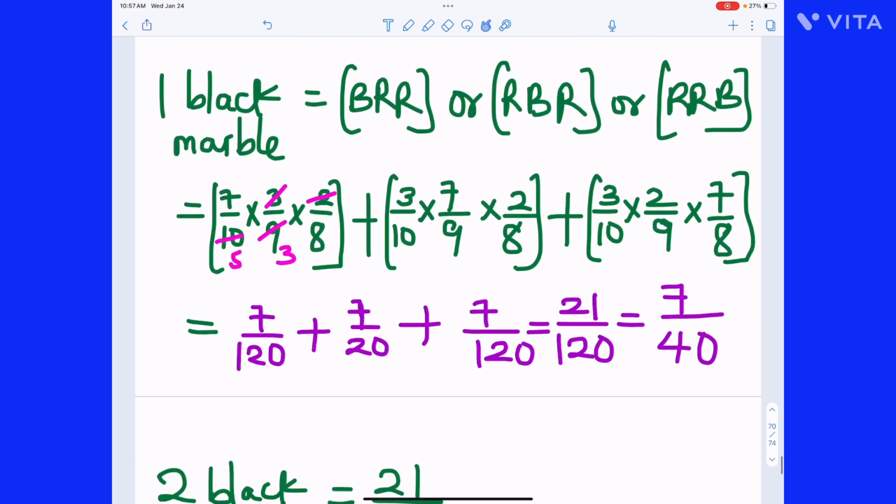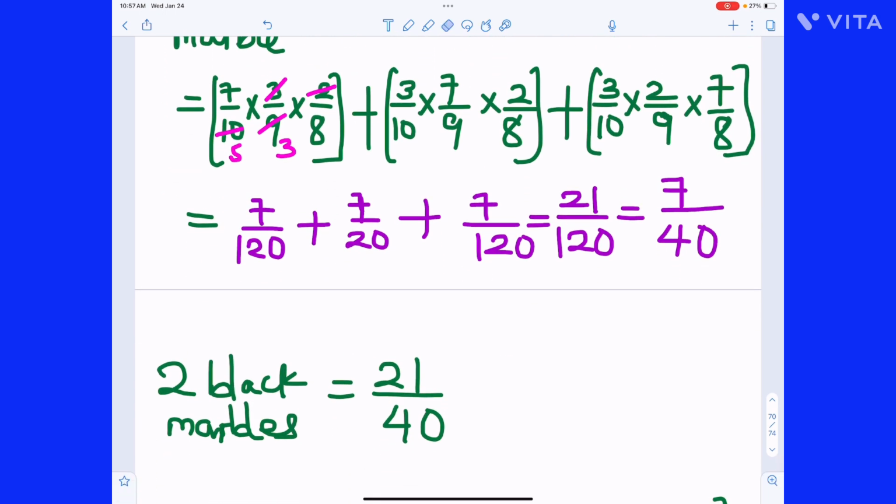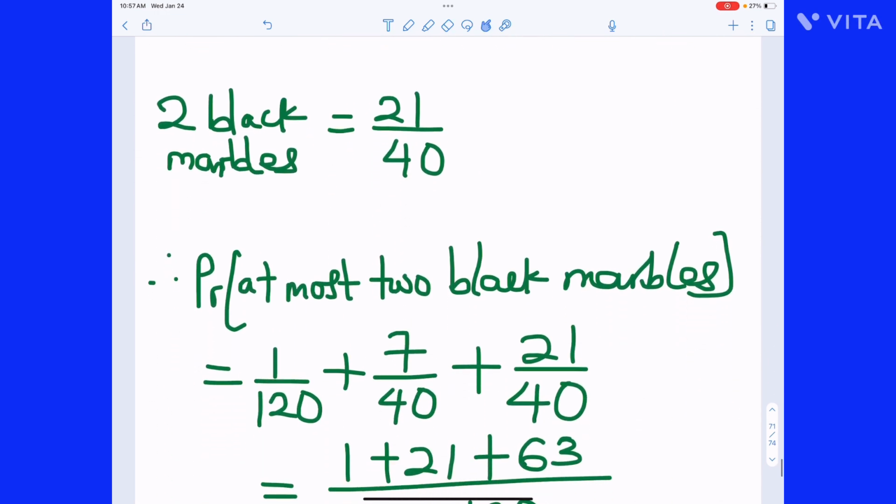So you compute their probabilities. I'm not going to show you that. You understand it very well by now. 7 over 40. Then 2 blacks. Probability of choosing 2 black marbles is 1 over 40.